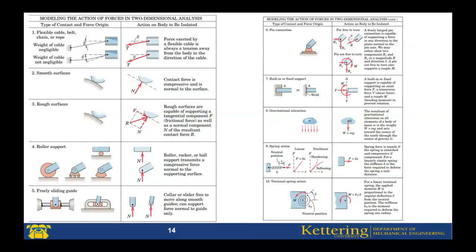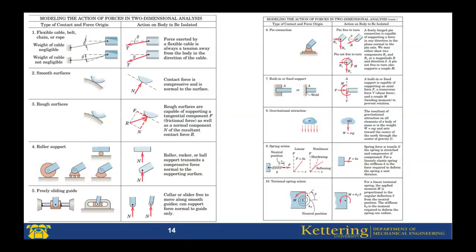Now, I just copied and pasted from the book. This is, I think, from Meriam. This shows how we can draw the free body diagram, for example for different conditions: for ties, tension forces, forces on a smooth or rough surface, a roller support, or a freely sliding one.